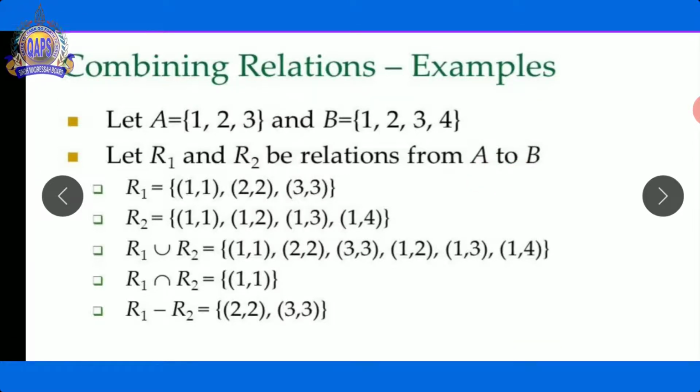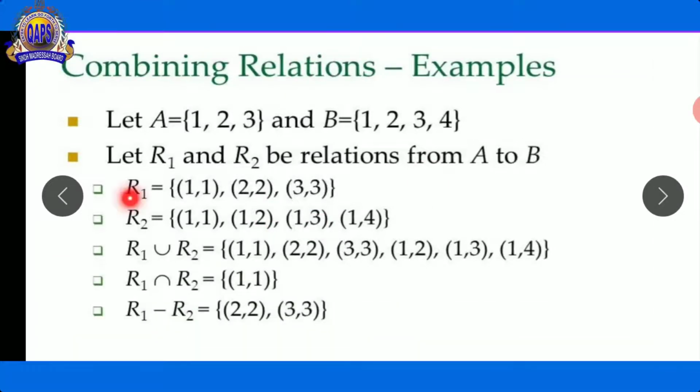There are only 2 relations created from here. Relation 1 contains the ordered pair 1, 1, and these other ordered pairs. So R1 represents the reflexive property, you can say. And R2 contains the ordered pairs 1, 1, 1, 2, 1, 3 and 1, 4.